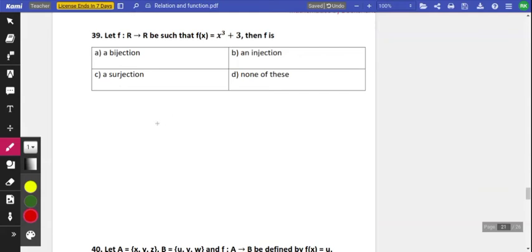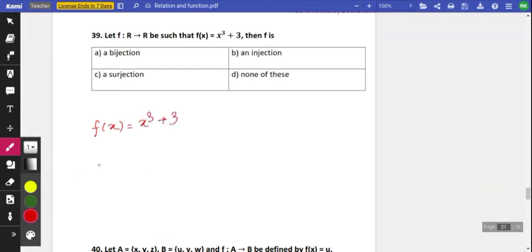In this question, you have to check whether the given function is injection, surjection or bijection. Injection, surjection, bijection means the given function is one-one, onto or both. f(x) is equal to x³ + 3.